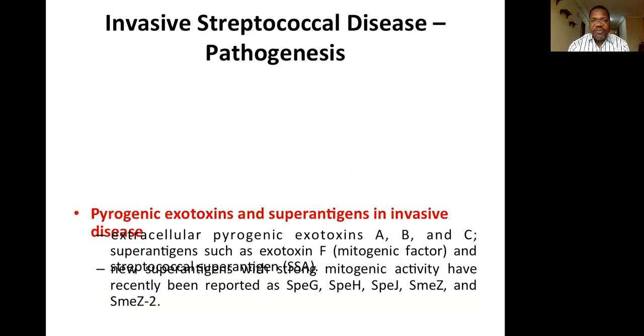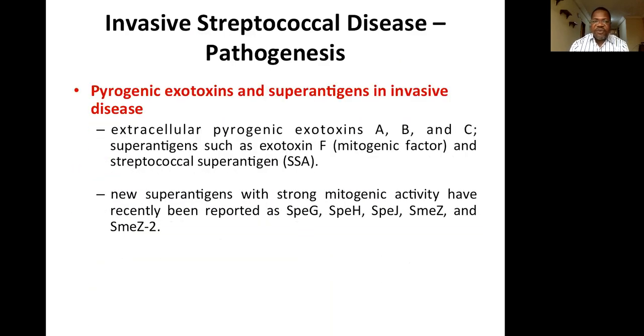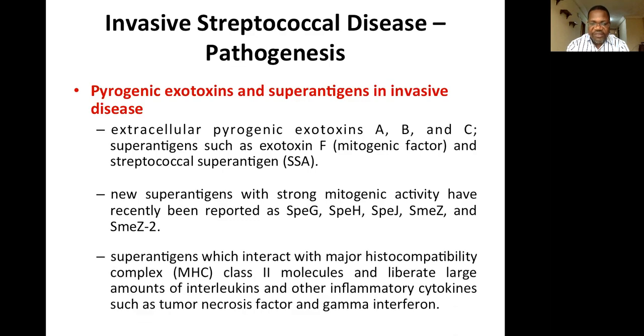So what is the pathogenesis? The pathogenesis involves mainly a number of virulence factors that we have spoken about, mainly the pyrogenic exotoxins and superantigens. We have extracellular pyrogenic exotoxins A, B, and C, and superantigens such as exotoxin F and the streptococcal superantigen. They are mainly involved in invasive conditions like necrotizing fasciitis, so they are able to destroy the tissue.